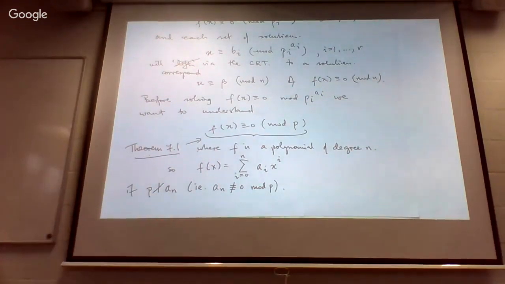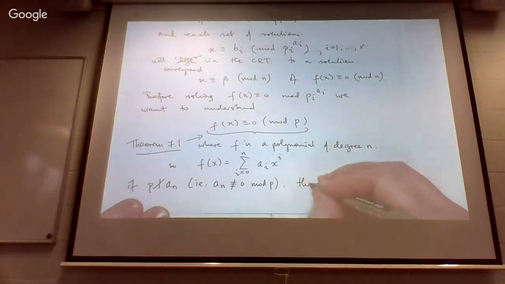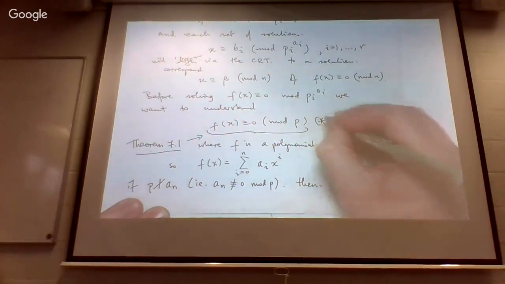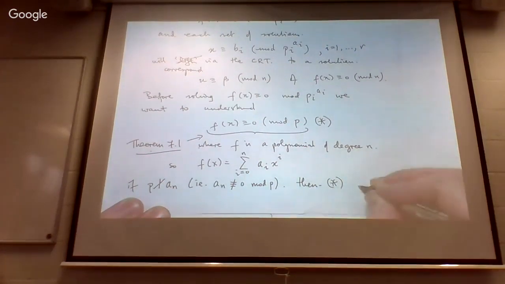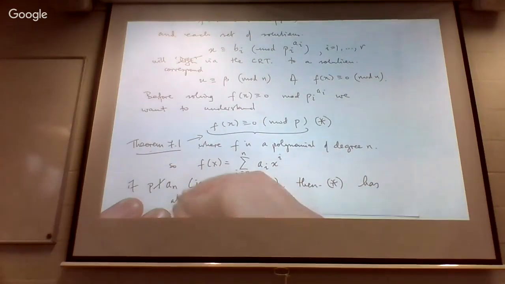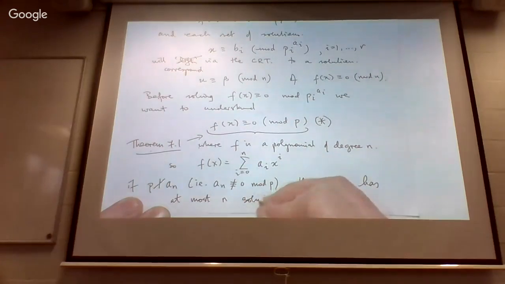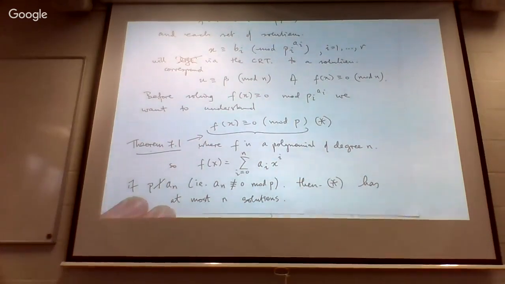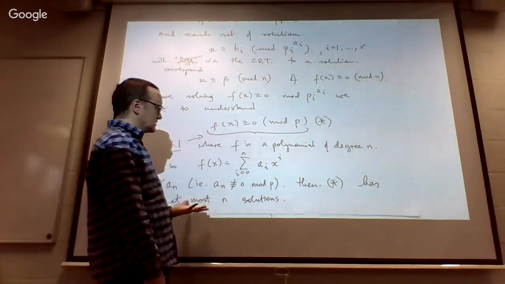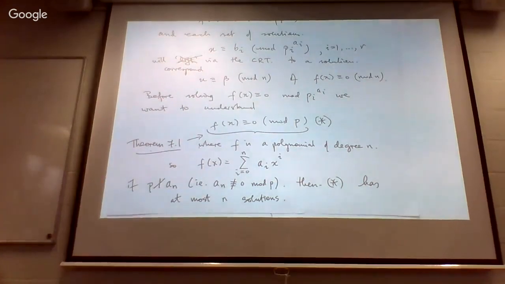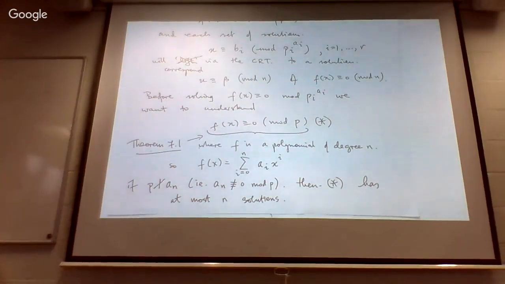So if that's the case, then this congruence star, the conclusion of the theorem, has at most n solutions. Not exactly n. Sometimes it might have n solutions, but sometimes it might have fewer solutions.